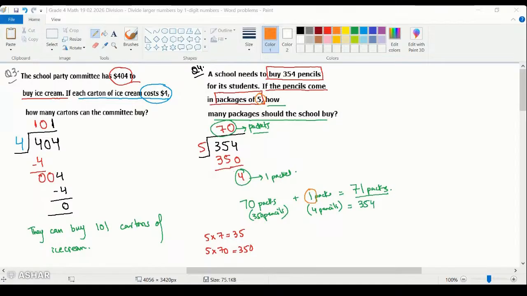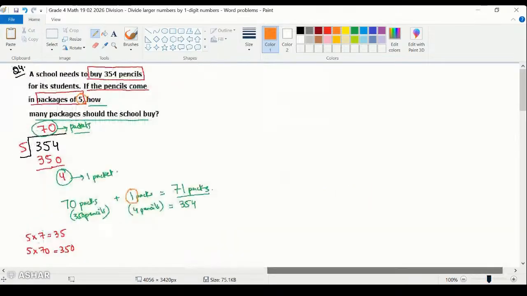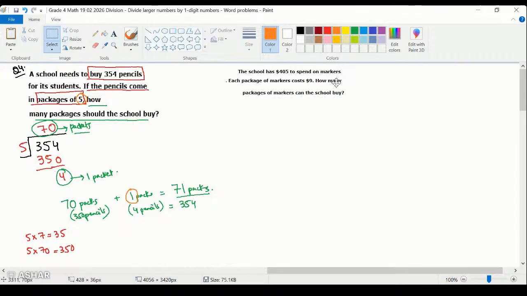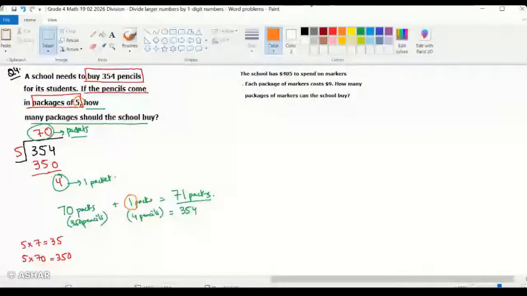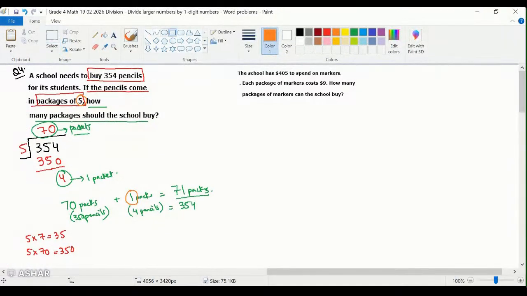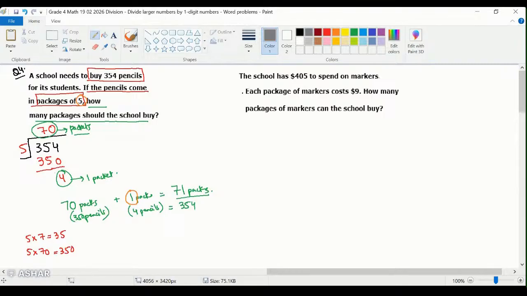If each pack of markers costs $9, how many packs of the markers can the school buy?